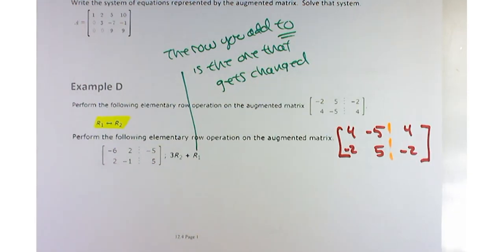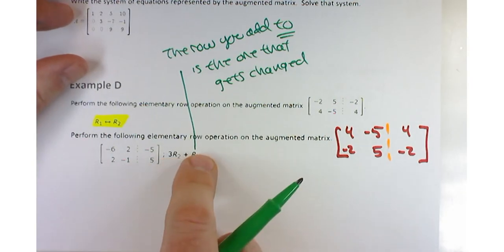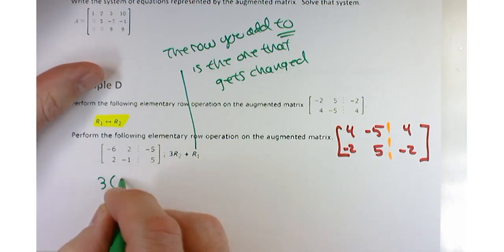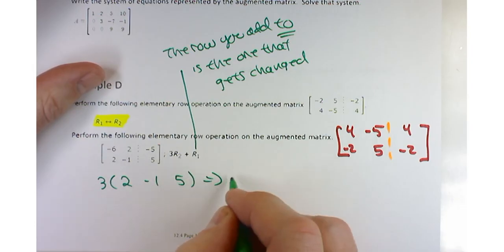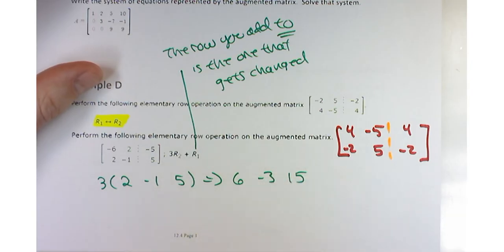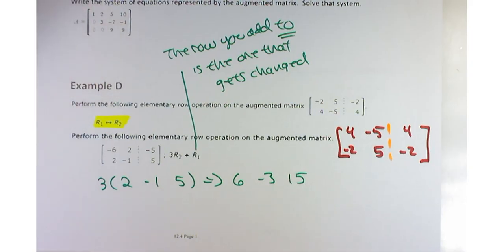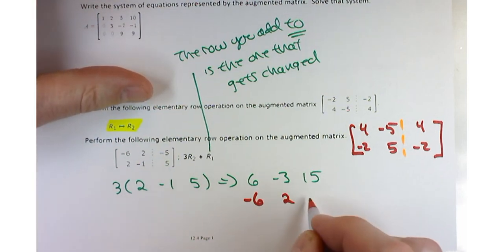So in this particular case, what we're going to be interested in is changing row 1 by adding 3 times row 2 to row 1. So it's going to look like this. 3 times 2, -1, and 5 is going to be 6, -3, and 15. And we're going to add that to row 1. And row 1 was -6, 2, and -5.